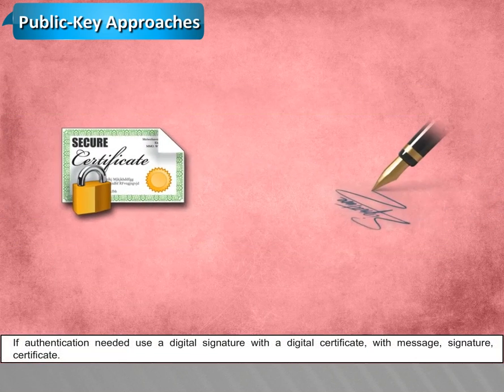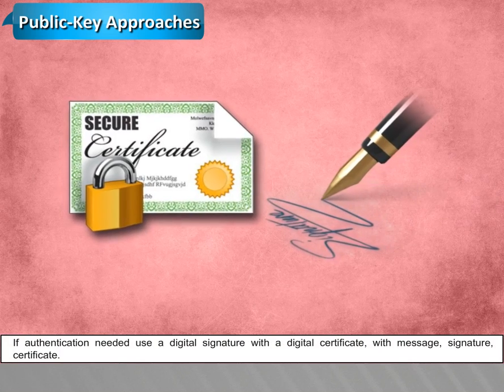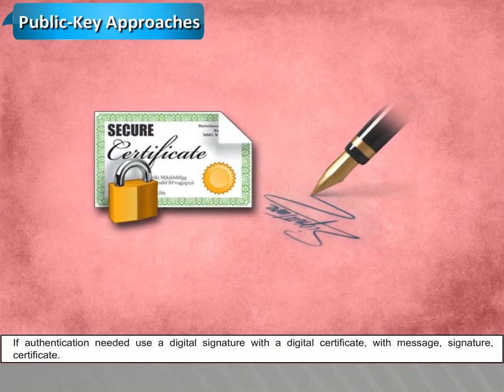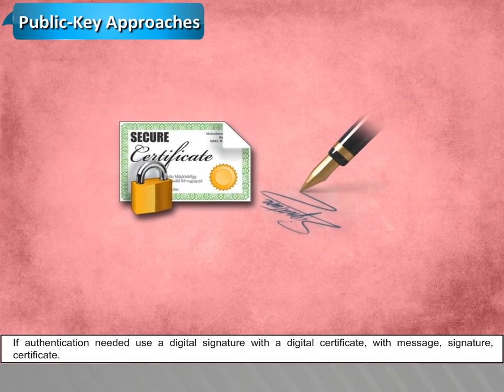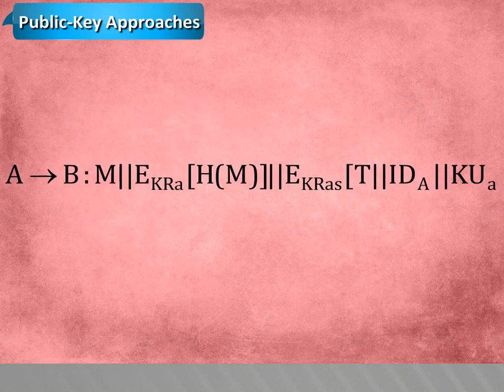If authentication is needed, use a digital signature with a digital certificate, with message, signature, and certificate: A → B : M || E(KRa, H(M)) || E(KRas, T || IDA || KUA).